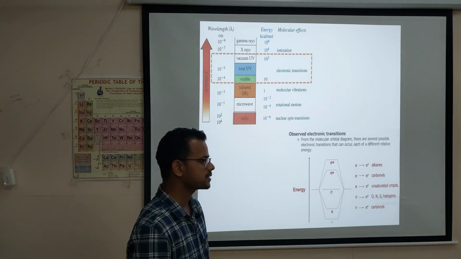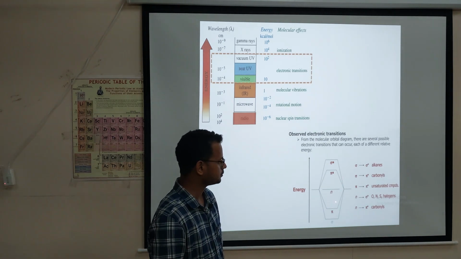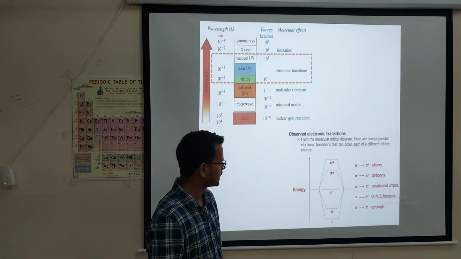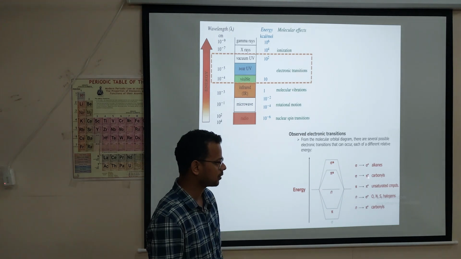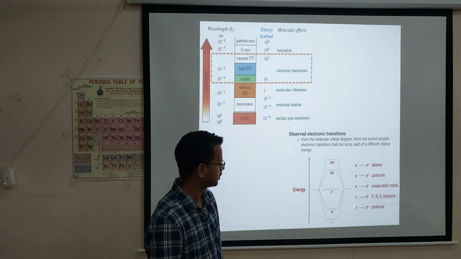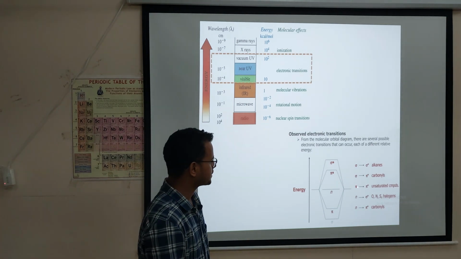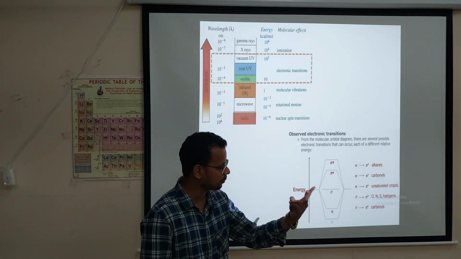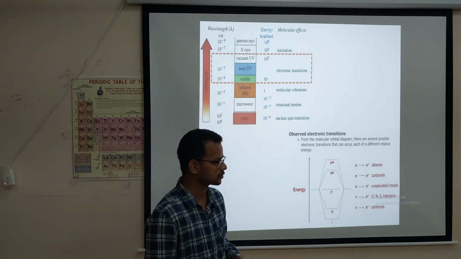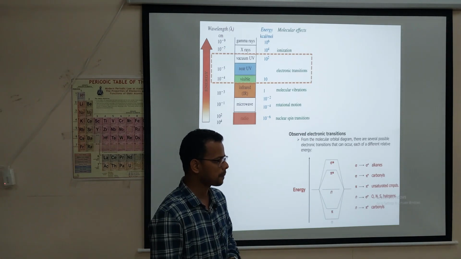For carbonyls, sigma to sigma star, pi to pi star and n to pi star are all possible, because the compound contains a double bond as well as a heteroatom. So both are possible there.